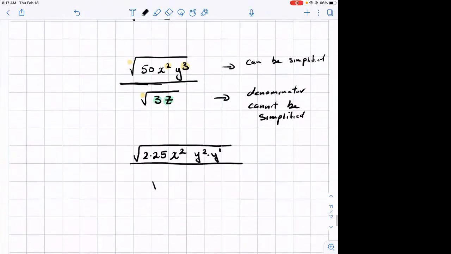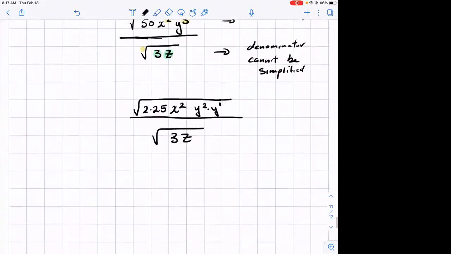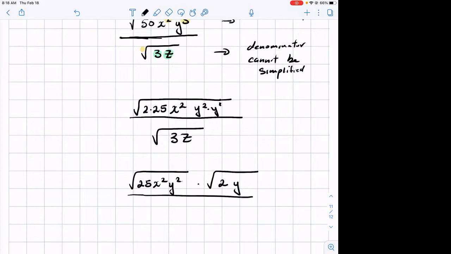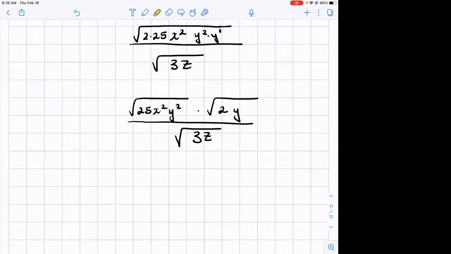As I said, the denominator is not simplified. So if we separate this now into 2, the 25 will be able to, the 2 cannot. X squared will be able to simplify it. Y squared will be, but y to the 1 will not. And all of that divided by the square root of 3z. So everything here can be simplified.